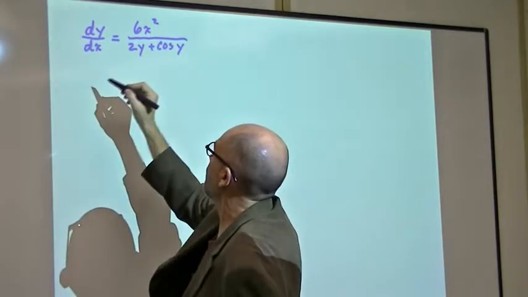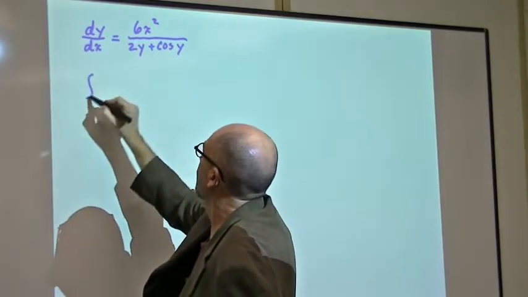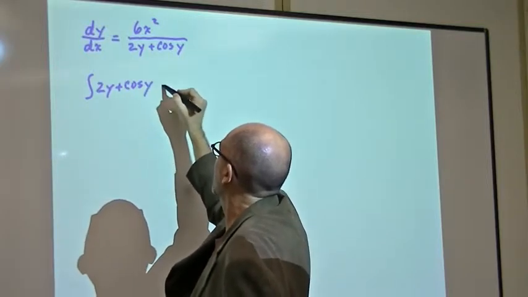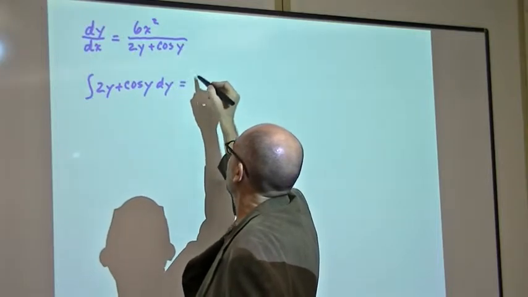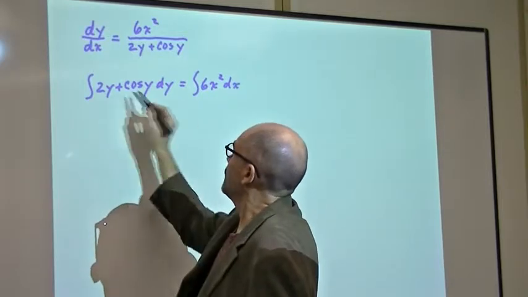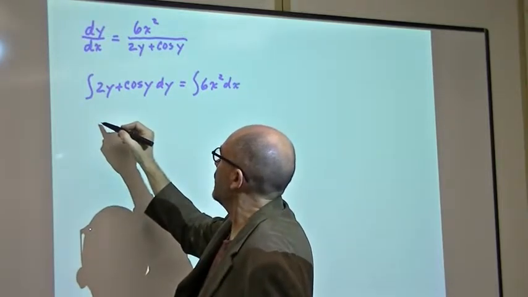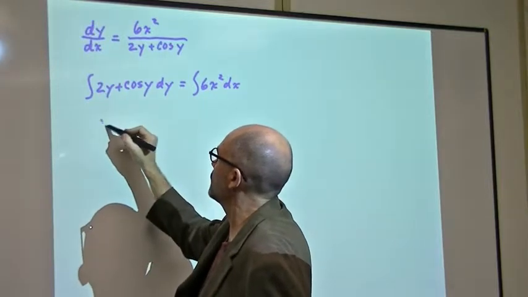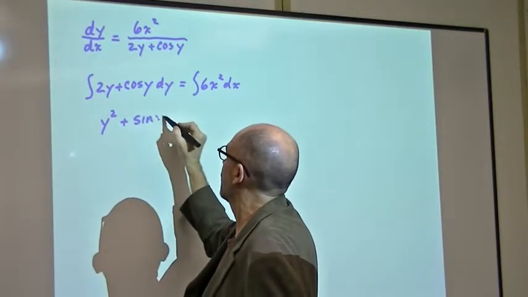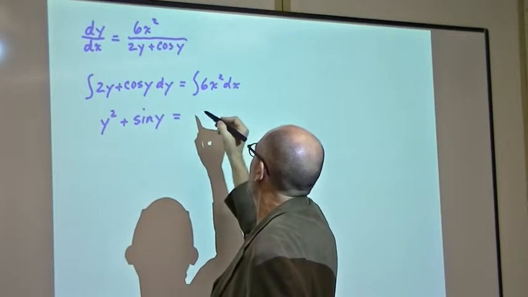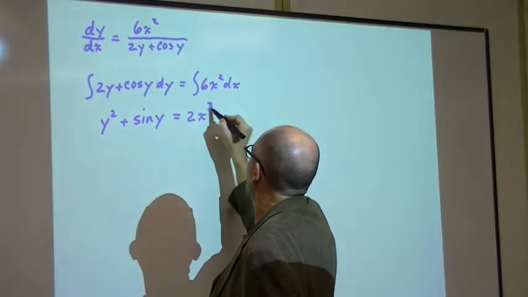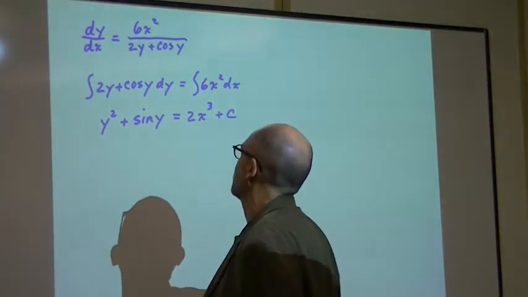We just get the y's on one side, and the x's on the other. So now I do this integration, and that's going to give me 2y squared over 2, which is just y squared. Integral of cosine is sine. And over here we have 6x cubed over 3, so 2x cubed plus c.